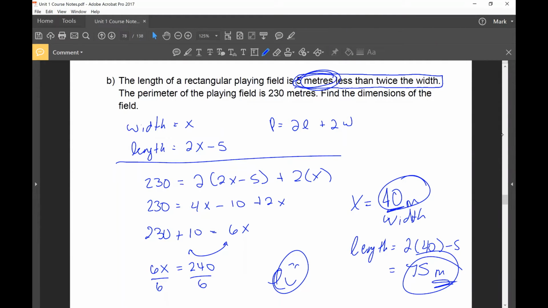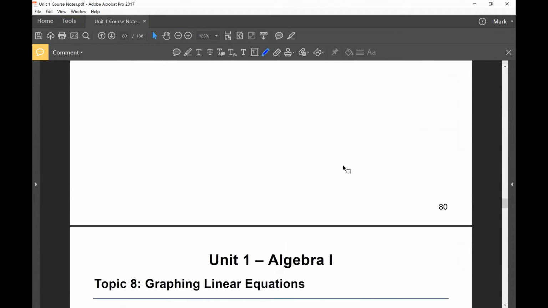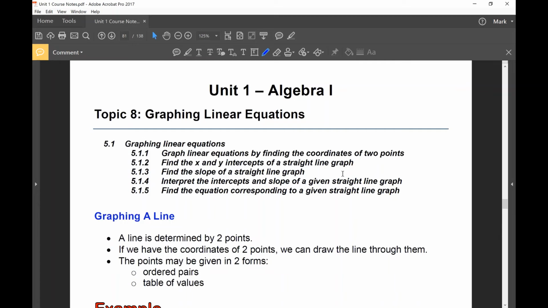Now, one thing, guys, if you couldn't remember that meters was M, you don't have to say 40 M. You could say 40 meters. You don't have to write the unit, but you need to tell me what it is. All right, cool. So you guys can practice that. That's a good question to practice, wink, wink.